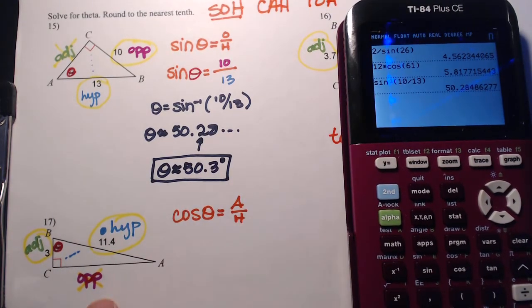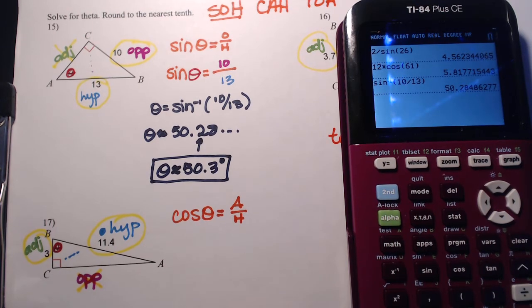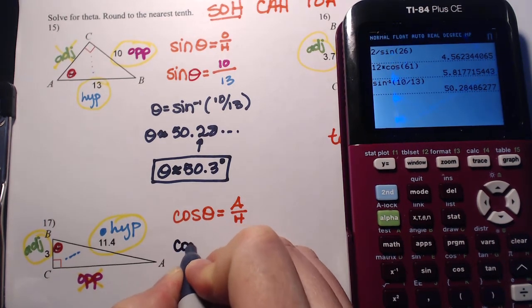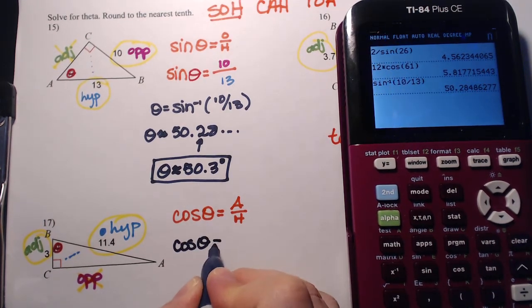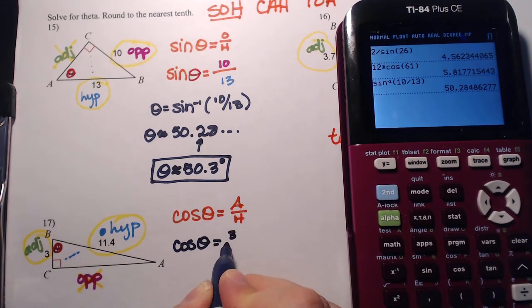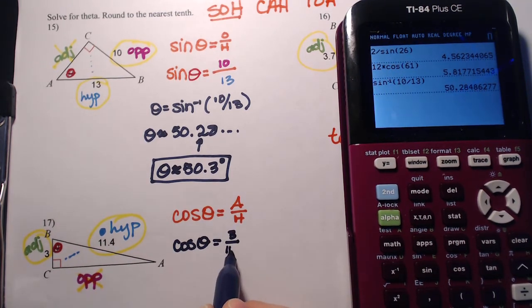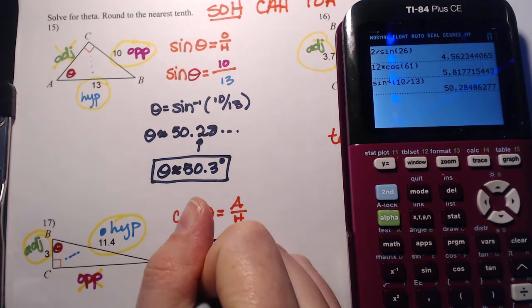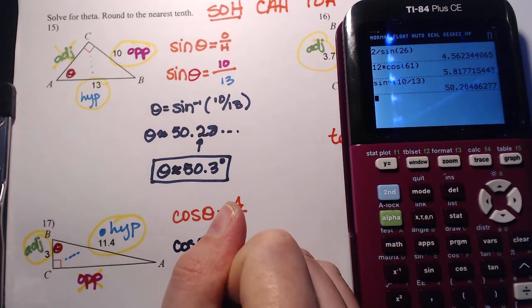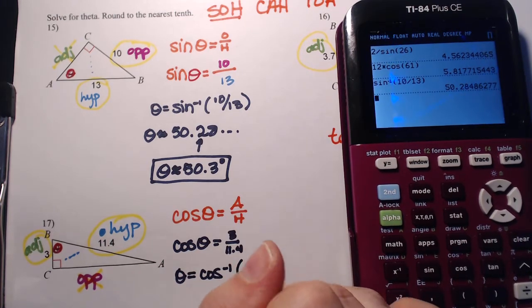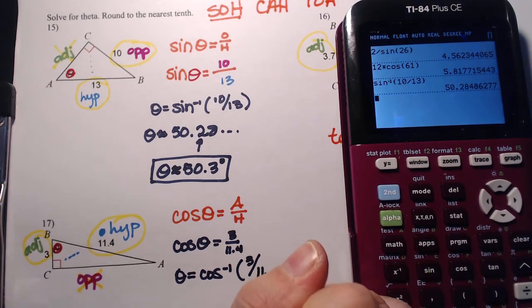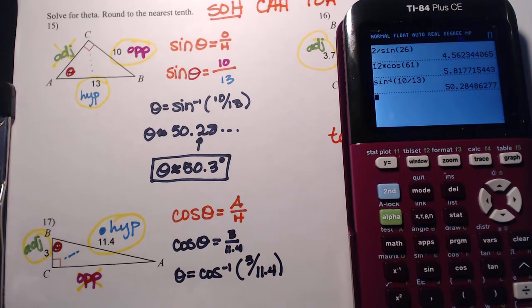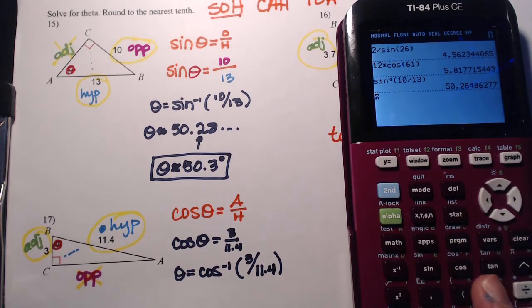Okay, I'm going to go out of order and actually do 17 next. So cosine of my angle is adjacent over hypotenuse. I do cosine inverse and type that in. So second cosine is going to be 3 divided by 11.4.